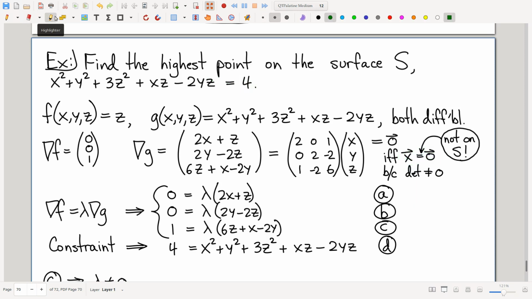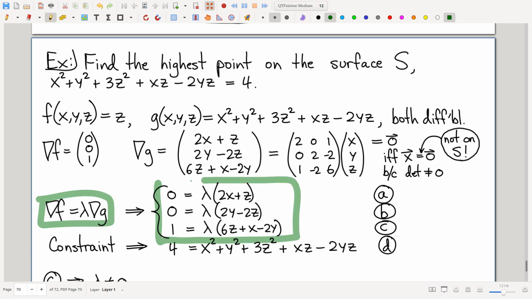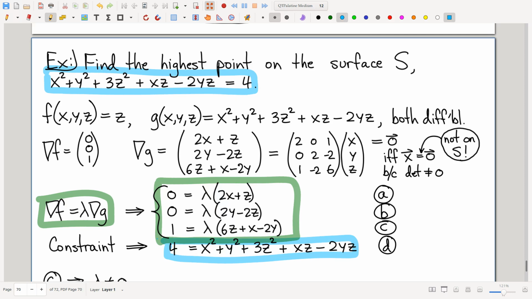Okay. Lastly, we write down the Lagrange condition, and the Lagrange condition is just a matter of writing down both gradients, setting them equal, setting one to be equal to a scalar multiple of the other, and so you have a little system of equations to solve here. Oh, wait. Again, we're only interested in such if they also satisfy our constraint equation.